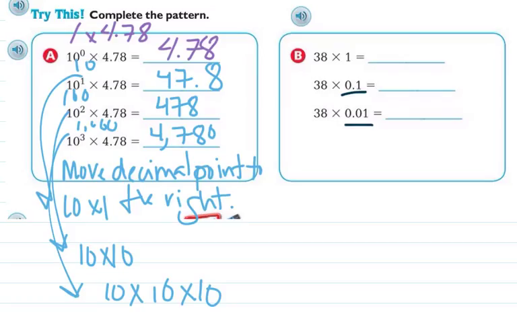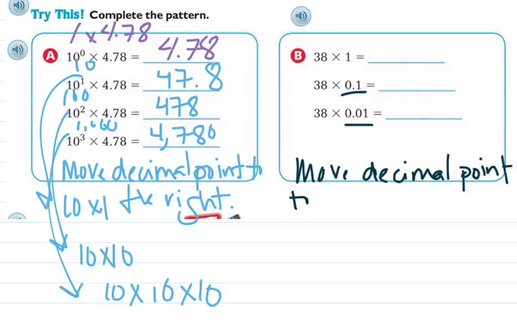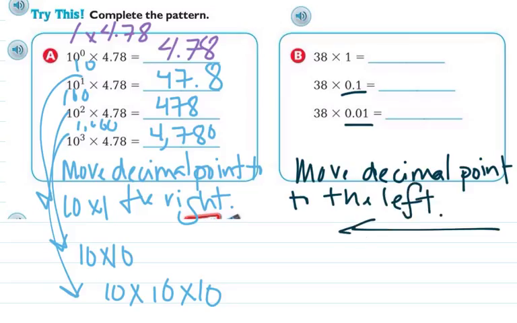Now, boys and girls, we can see we're multiplying by decimal here. When we multiply by decimal, we're going to move the decimal point to the left. And why we do that is because the product is going to be less than the factor that it's being multiplied by, because we are decreasing the number. Remember, it's less than 1, so the product is actually going to be less than the other factor that we're multiplying by.